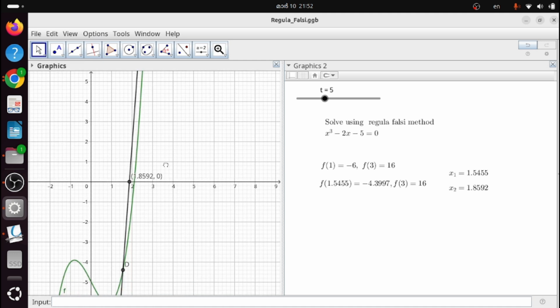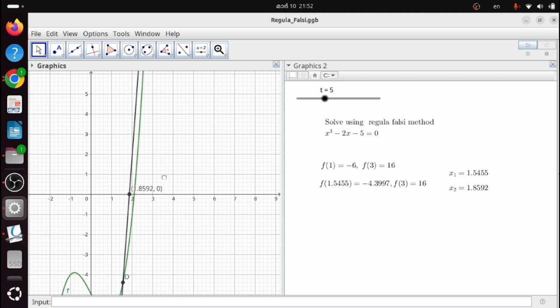For more clarity, let us zoom in and see. The secant line joining B and D passes through the marked point 1.8592. So now this is your new false position. You can also see that these values are actually coming closer to the actual root.